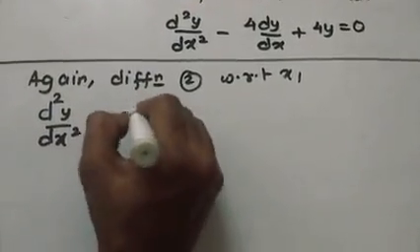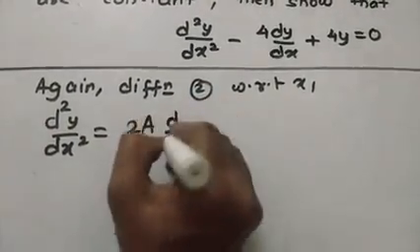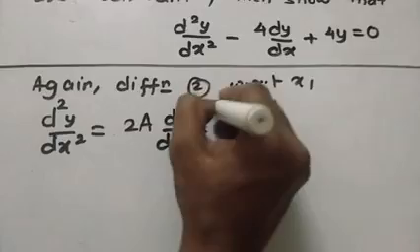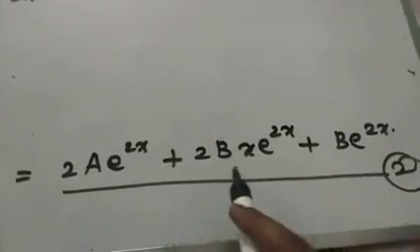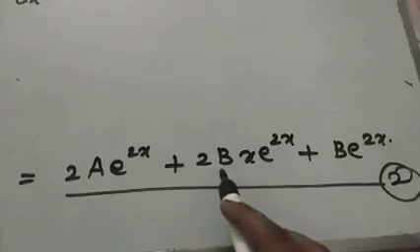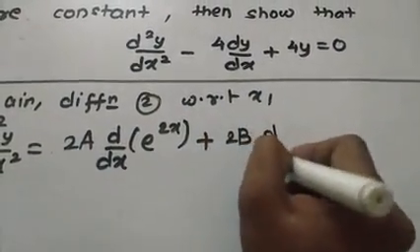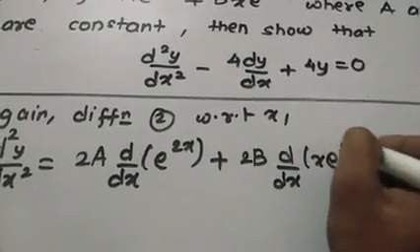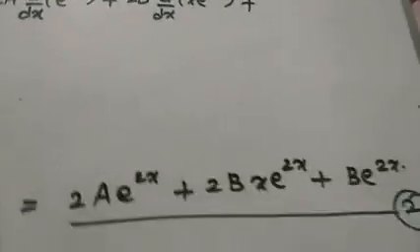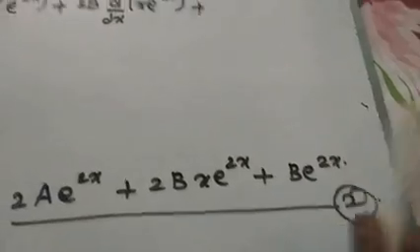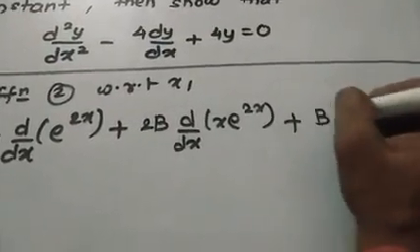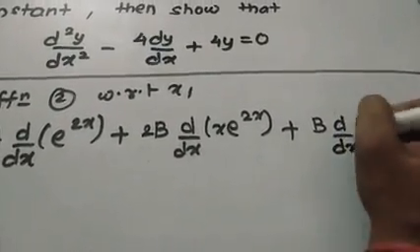Now see the first term, 2a e to the power 2x. 2a is a constant, we will keep 2a out of the derivative, and d/dx of e to the power 2x. Plus the next term 2bx e to the power 2x. 2b is a constant, 2b out of the derivative, only d/dx of x e to the power 2x. Plus the last term b e to the power 2x. b is a constant, out of the derivative.